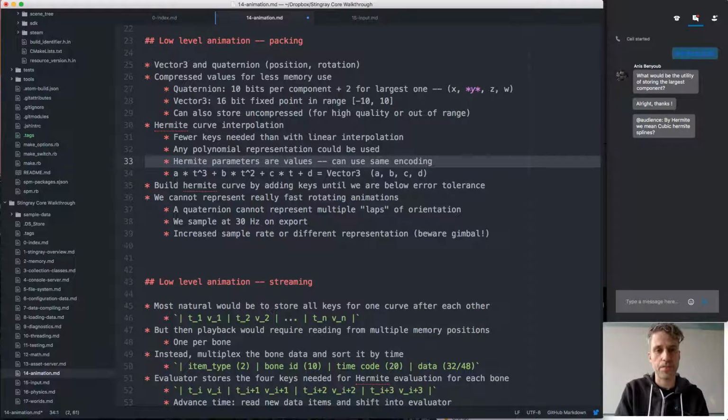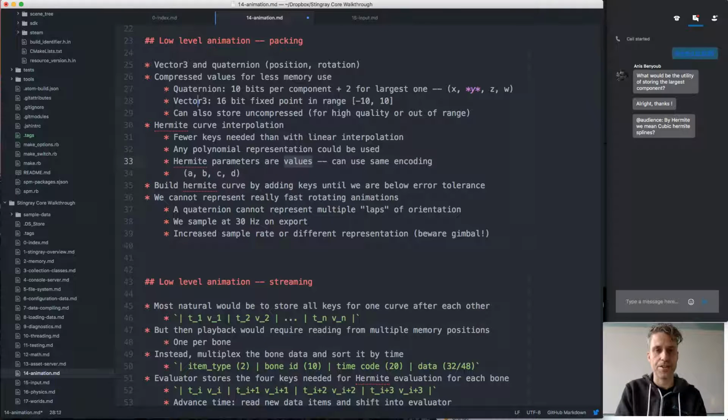So the nice thing about Hermite interpolation is that the Hermite polynomial is written in such a way that these parameters a, b, c and d that guide the Hermite polynomial actually are values.